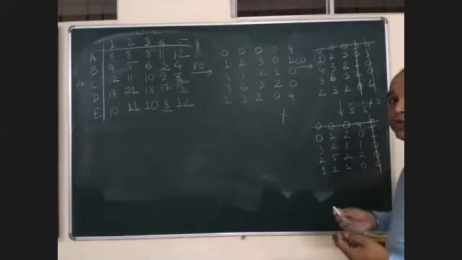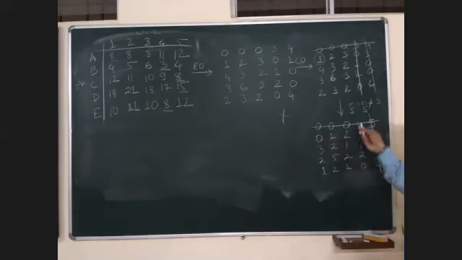Which way you want me to do? Row wise or column wise? Please tell me. Column. I give you the choice. You are saying row wise? Your voice is not clear. Column wise.